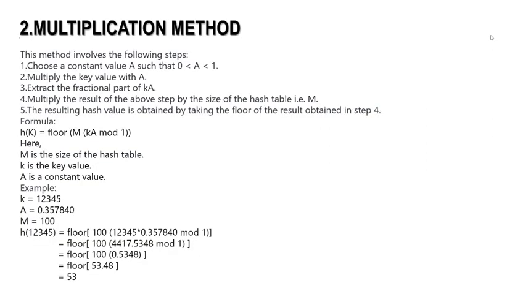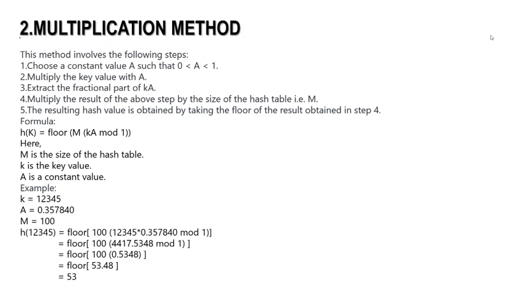Next, coming to the second one, the multiplication method. This is also a hash function method used to store an item or value in the hash table without colliding with anything. Coming to the steps. First, choose a constant value A such that 0 < A < 1.